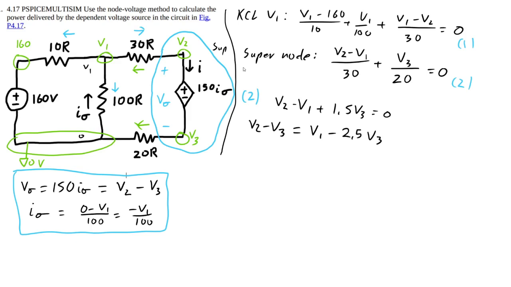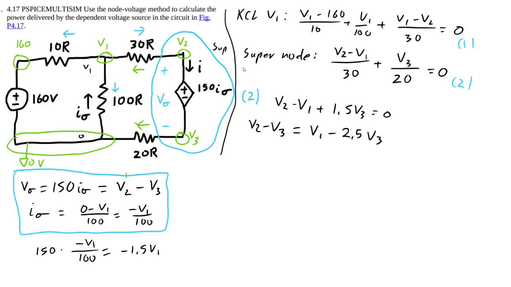Alright. So now that we have that expression, we can plug in 150 I sigma over here. But remember, we already calculated I sigma. So 150 times I sigma is going to be V1 over 100. So negative 1.5 V1 equals V2 minus V3.